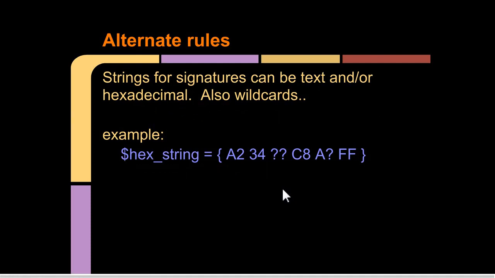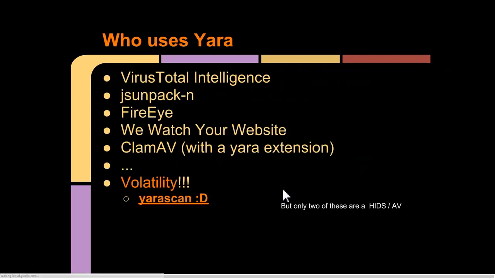So like I said, alternate rules for YARA or other signatures usually involve the capability to search for hexadecimal strings along with wildcards. And wildcards could just be a question mark, and they would just be filled in by anything. It's pretty simple regular expression matching. So there are some things that use YARA. I use it because it's easy to understand, and thus it's easy to teach. So these vendors use it. Volatility also uses it, thanks to a community plugin.